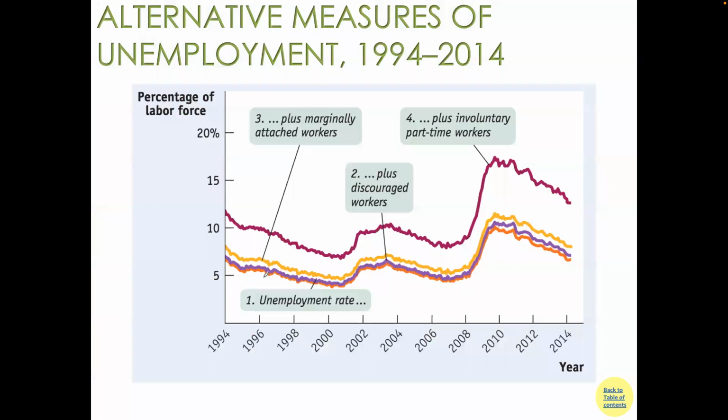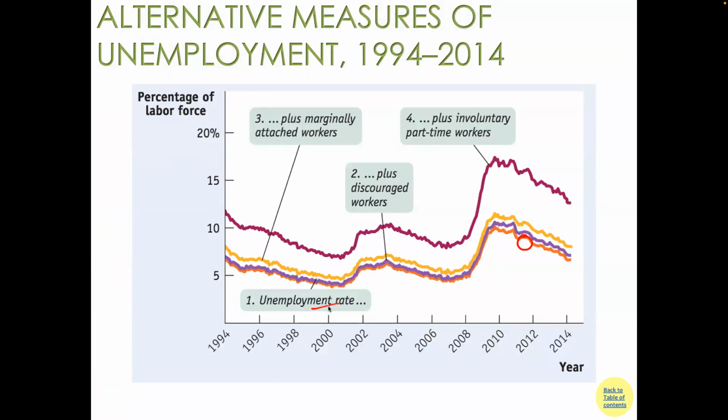Right? So we can look at the data to see what happens. This is the unemployment rate, but we use different measures from 1994 to 2014. At the very bottom, this line is the unemployment rate. That uses the official definition.